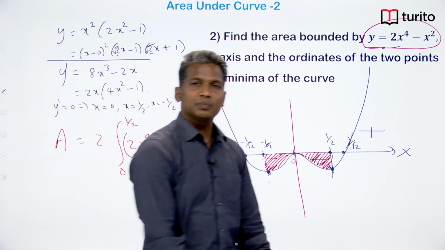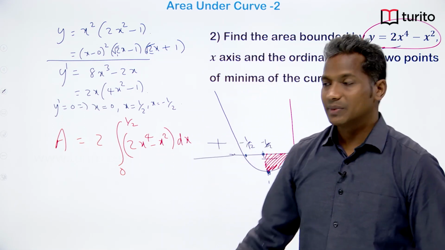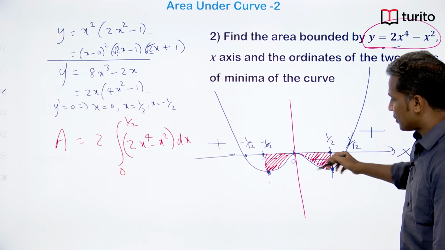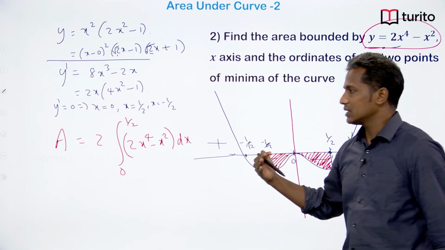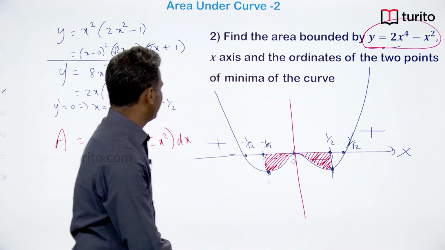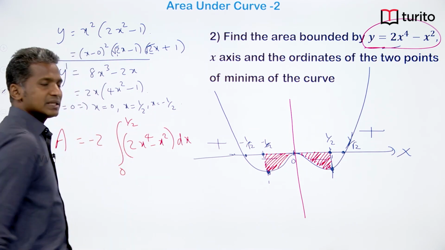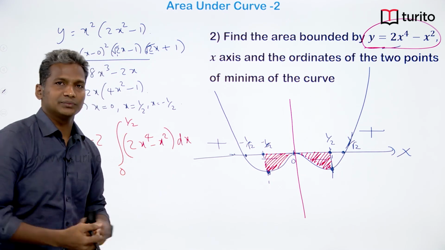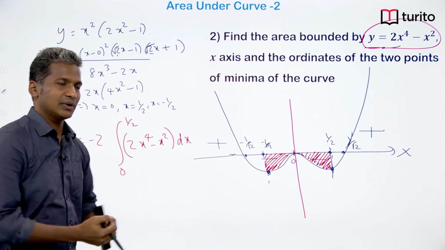Will this complete the process? No, there is a mistake. What is it? We did not check the sign. Because the function is below the x-axis, the integral is going to be negative. So make sure that the minus sign is adjusted, and after this we just have to integrate it, and you know how to integrate this. Okay.